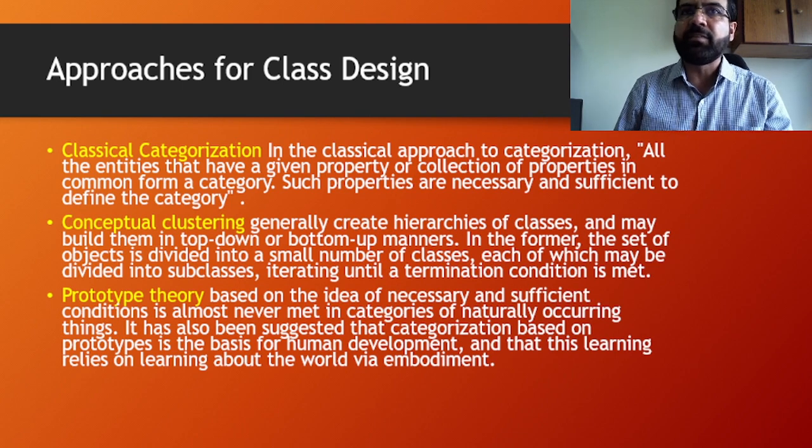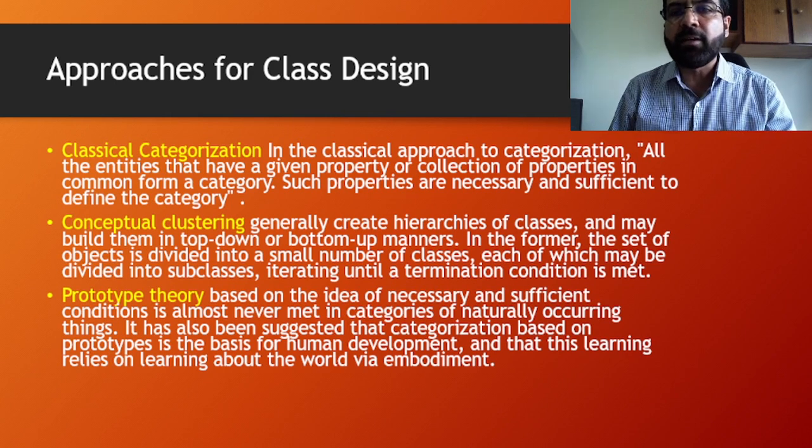We have a classification in plants, in animals, as well as in the social dimension. So why do we do this? Because it is easier for us to understand the concept. Rather than looking into individual objects, it is good to have a class definition, and therefore it is easier for us to understand how that object will behave.